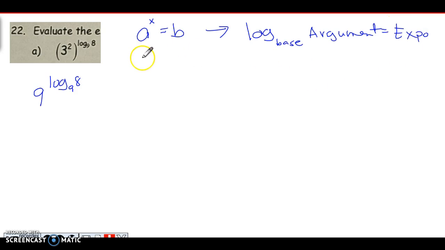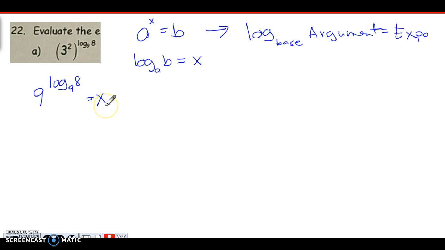Okay, so this one becomes log of your base, which is a, argument is b, equals x. That's how you rewrite that. So now if you have this problem, you can just put equals x here, because that's what you really want to evaluate, so you don't know what that answer is.